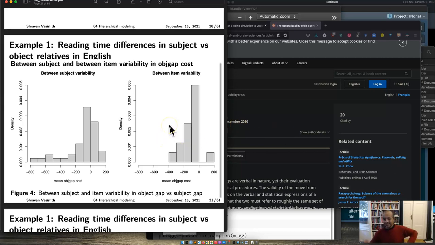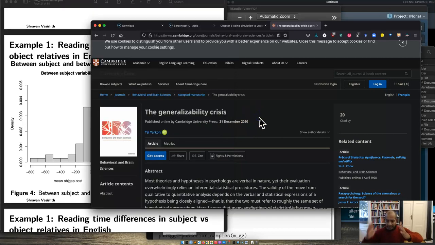This is a very strange thing on the surface, because what Yarkoni is saying in this paper amounts to actually increasing the amount of variability in the data. That means the standard error of the fixed effect is gonna get bigger, right? But for Yarkoni, that's okay, because he's not trying to do null hypothesis significance testing. He wants more realistic data, right?